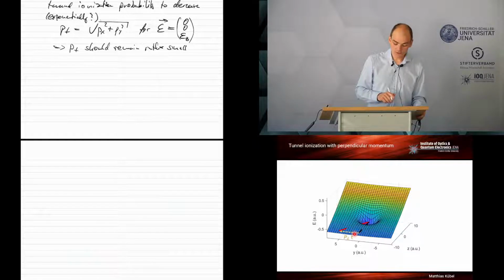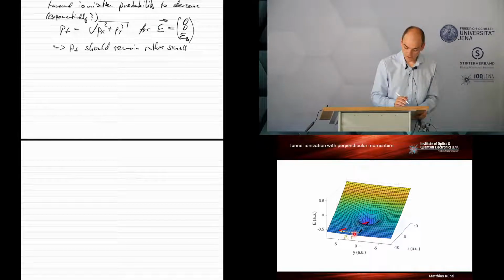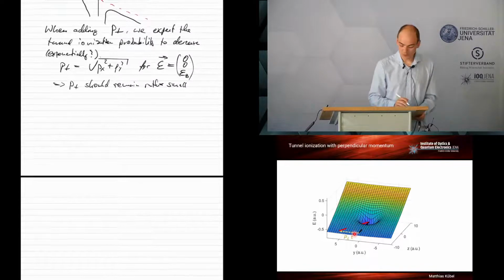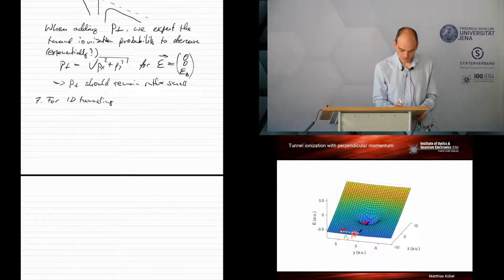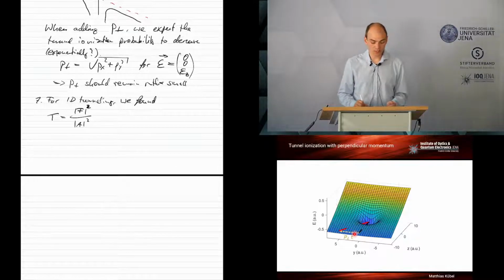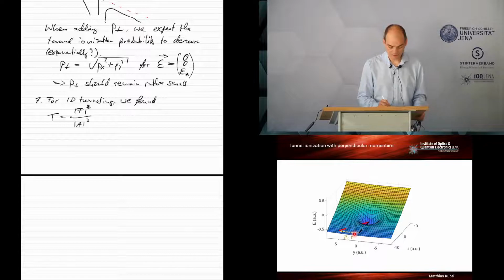Now let's remind ourselves of our previous result. For 1D tunneling, we found that the transmission probability is given by the ratio of the amplitudes squared after the tunnel and before the tunnel.